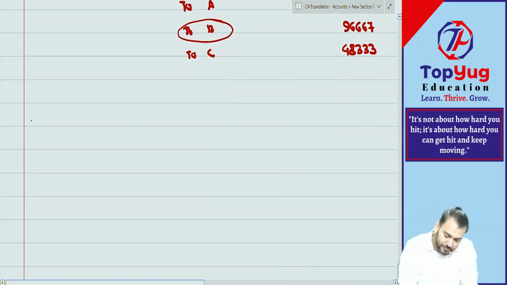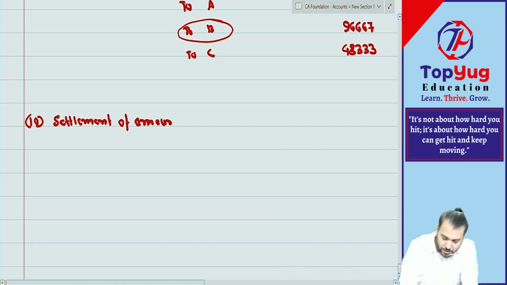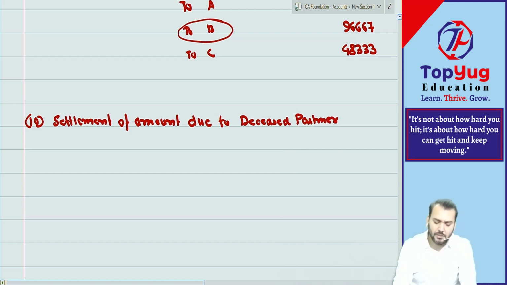Point number: settlement of amount due to deceased partner. Deceased partner means what? The partner who died. Settlement of amount due to deceased partner.